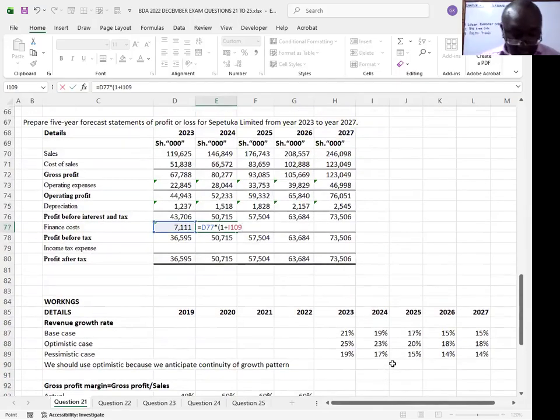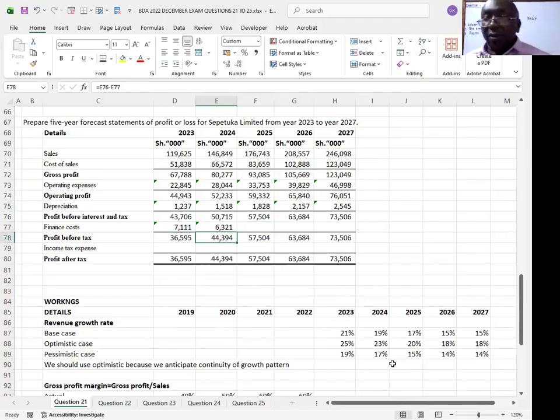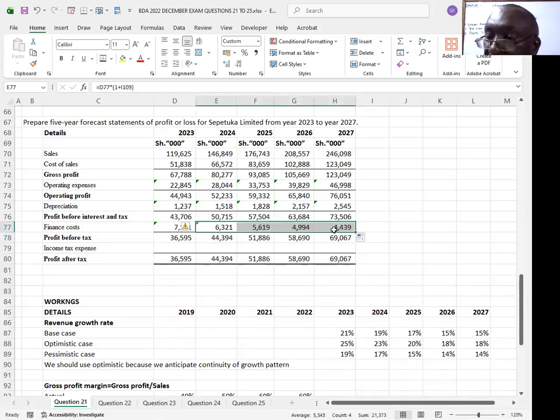Close the brackets. Press enter. Uniambie unapata ngapi? Yes. So now this one you can autofill. This now will work.